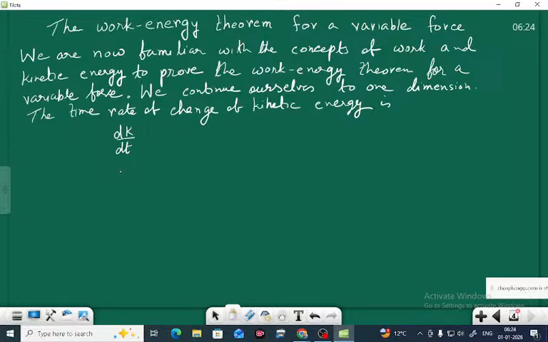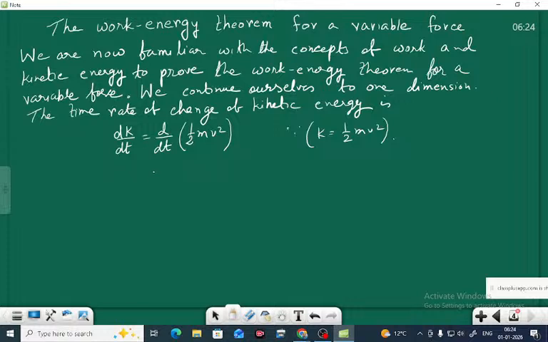Therefore, we can write d by dt of, and what is the kinetic energy? Half m v square. Since K is kinetic energy, we have taken it as half m v square. This is the definition of kinetic energy.